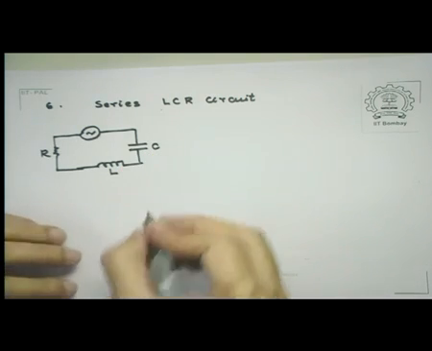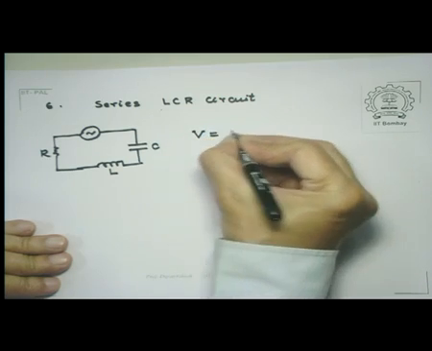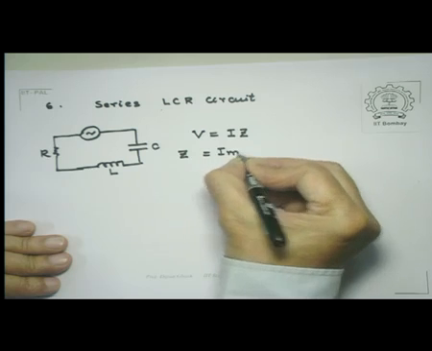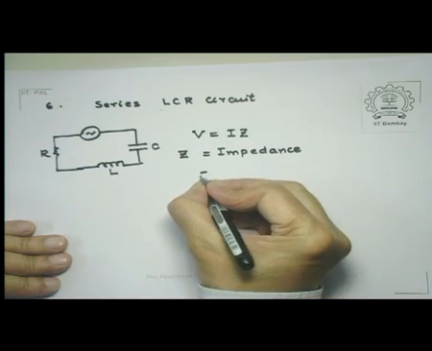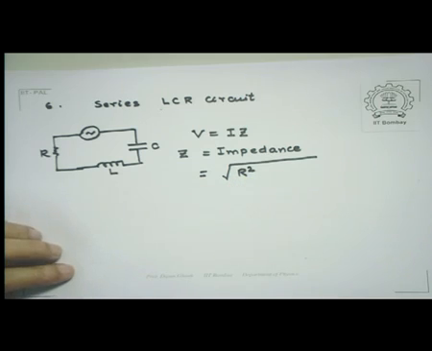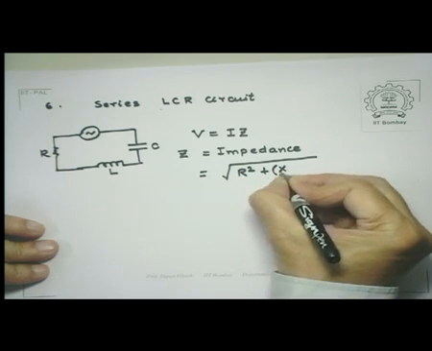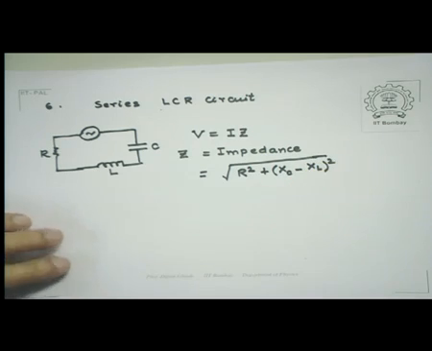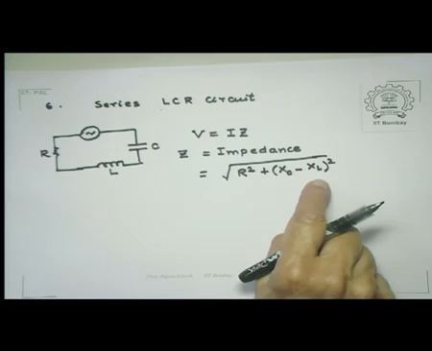In this case, the relationship between the voltage and the current was V is equal to I times Z, where Z is the impedance of the circuit, which has two components: a component which is in phase with the voltage, that is the resistance, and another component which is out of phase with the voltage, that is the square of the difference between the capacitive reactance and the inductive reactance.